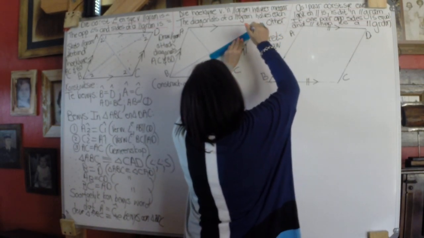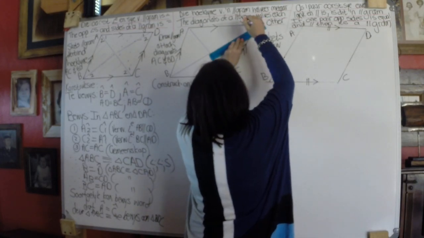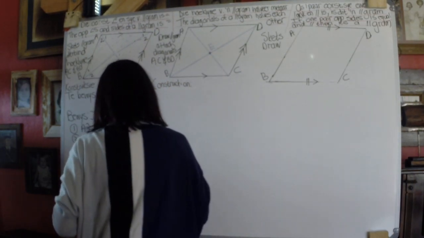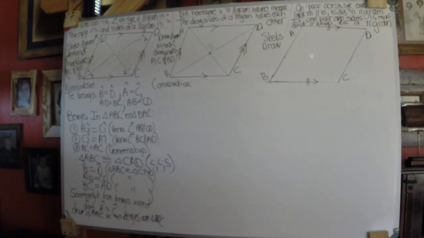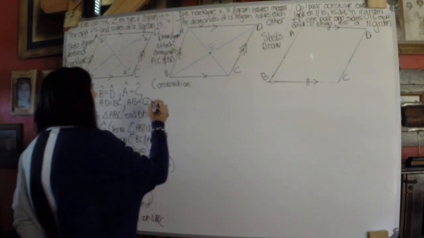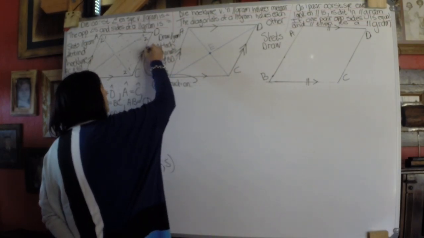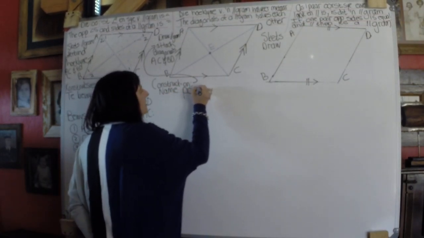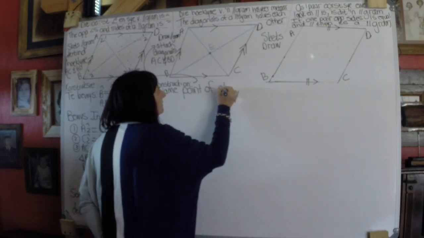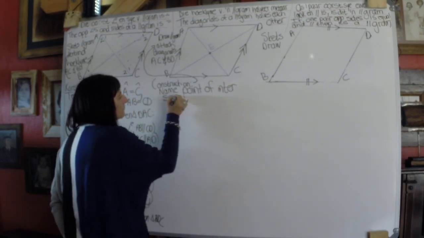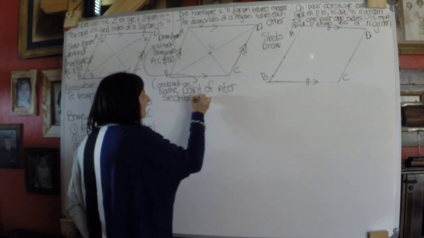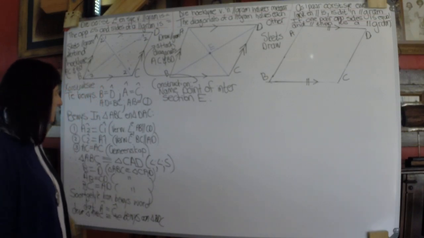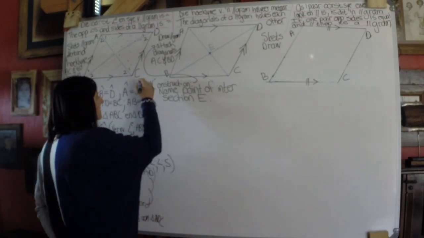And now we've got to name, okay, this point of intersection E. So you can write it there as, after you've written this, you can write there, name, point of intersection, benoem die snydingspunt E.